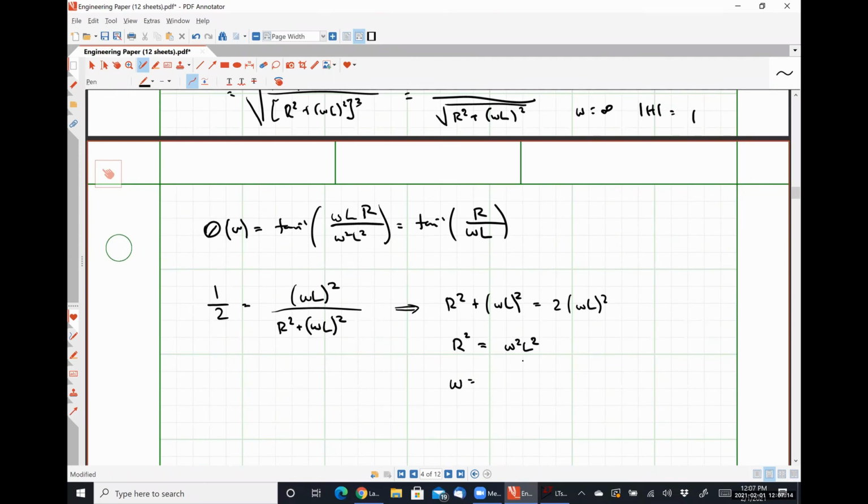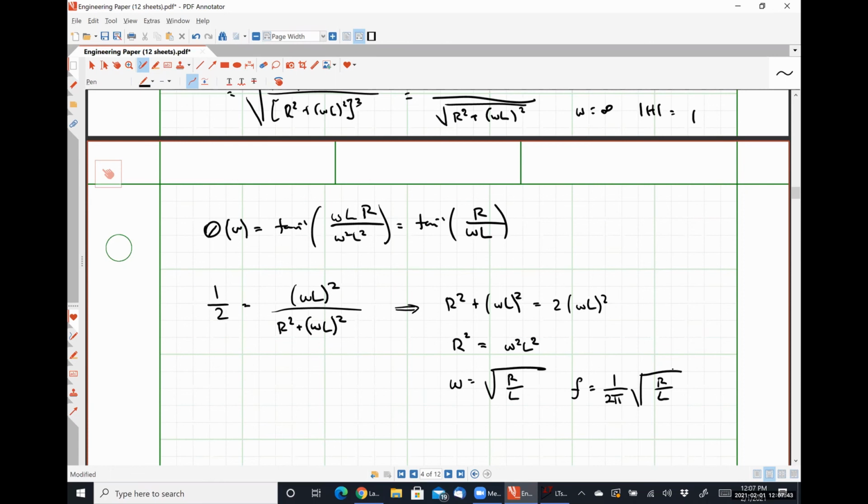Omega is equal to the square root of R over L, and F is equal to, if I did that algebra correctly.